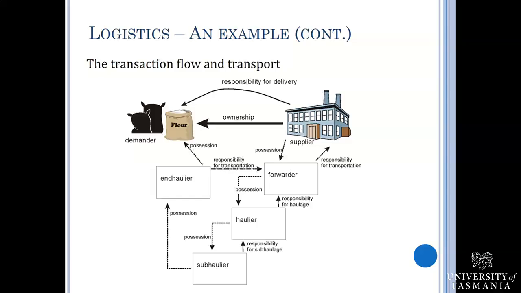When we look at who is actually involved in the process from point A to B, we look at the ports, the terminal side, and those trucking or transport companies, freight forwarders, etc. Now, the freight forwarder plays an important role, because a freight forwarder doesn't necessarily own physical assets for the physical movement of goods.